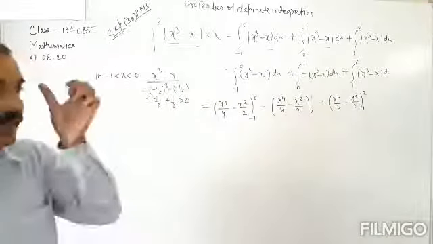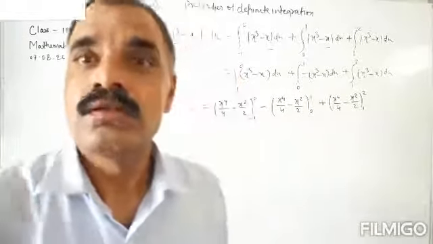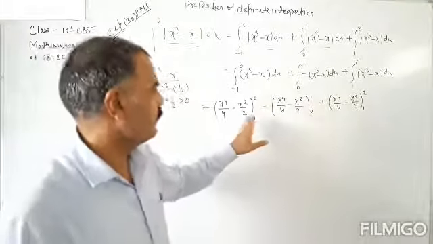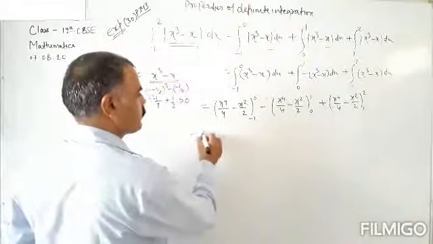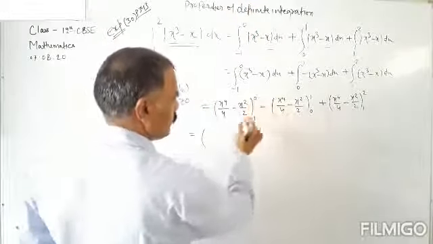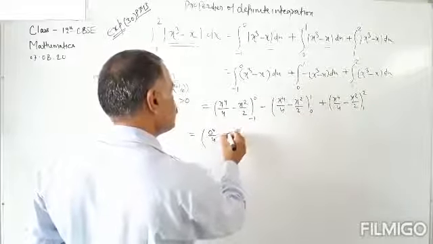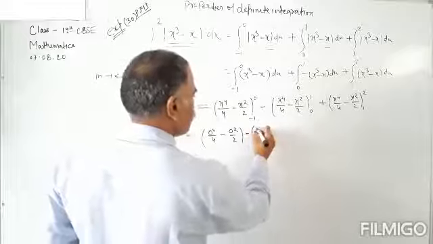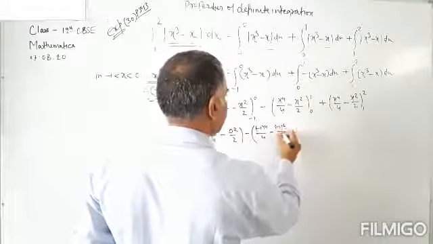Now we have to evaluate these integrations, with the lower limit and upper limit. So this is equal to the upper limit 0 to the power 4 upon 4 minus 0 square upon 2, minus 1 to the power 4 upon 4 minus 1 to the power 2 upon 2.